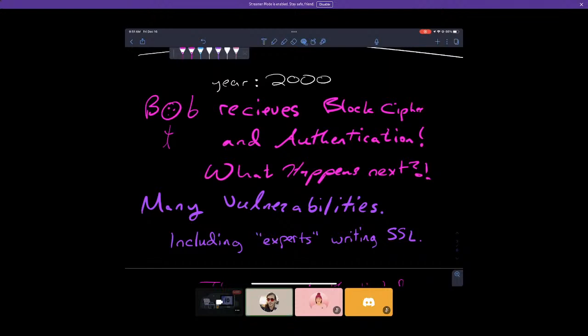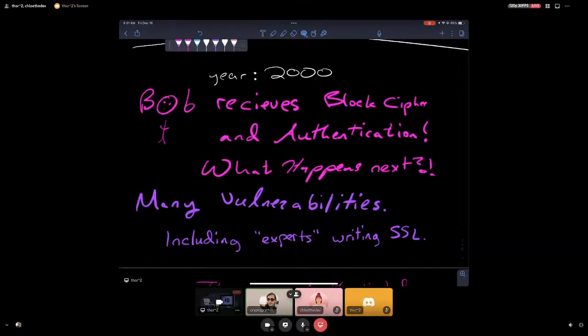So after a spate of preventable vulnerabilities, the primitive of authenticated encryption started getting discussed more around the mid-2000s, in particular around 2007. And it's around that time that GCM, the AES GCM mode, which is this primitive in AES that does both message authentication and encryption, gets included.